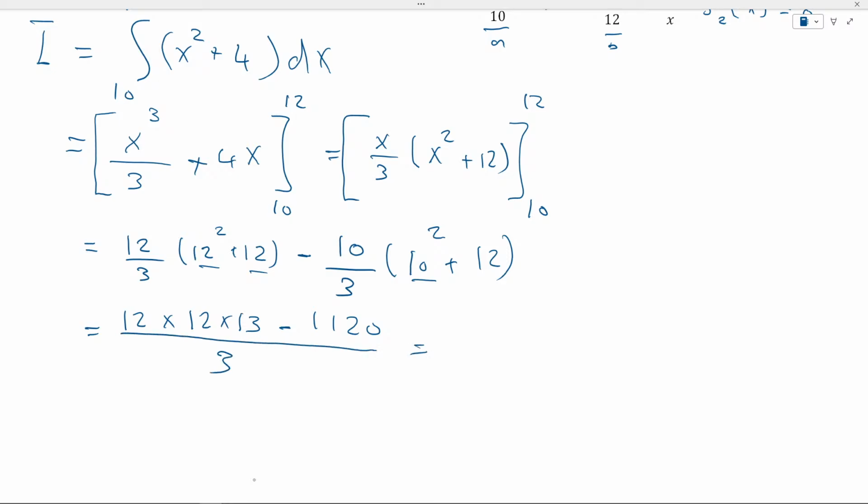You can do this with your calculator, or you can do it manually. So how can we do this manually? You can take some common factor, for example, this is 4 times 3, and this is 4 times 3. You can just use a calculator.